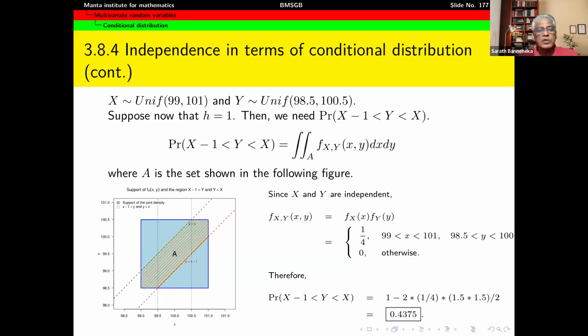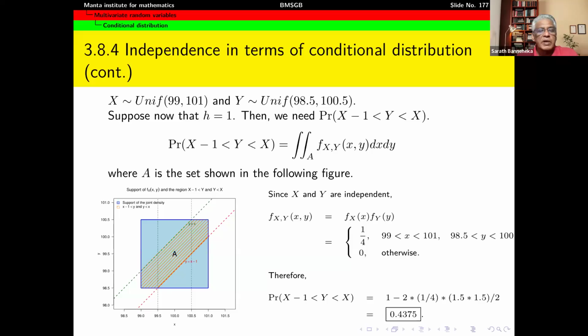So what we want is actually the integration of this constant 1 over 4 over this particular region A, right? We can do that very easily by doing integration in 3 parts. First of all, integrating over this area, plus integrating over this area, plus integrating over this area.